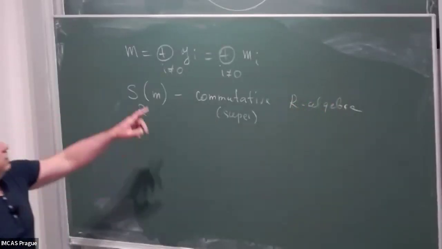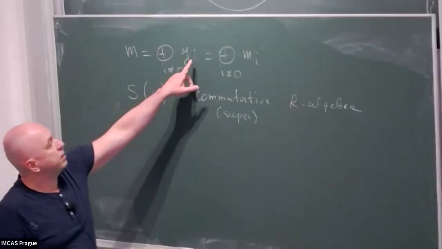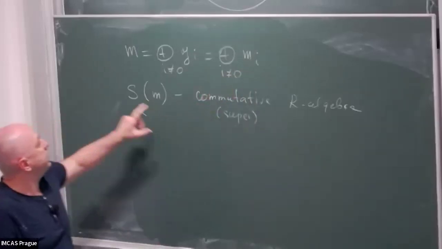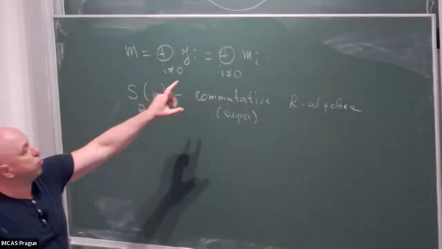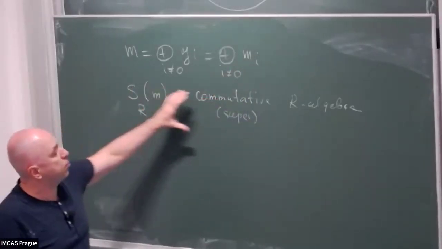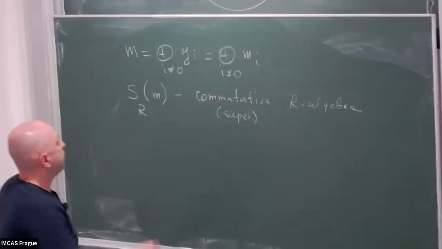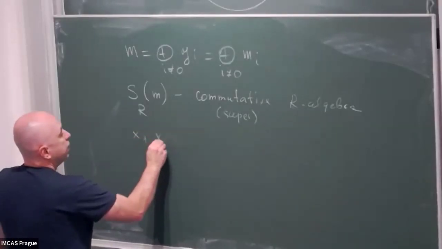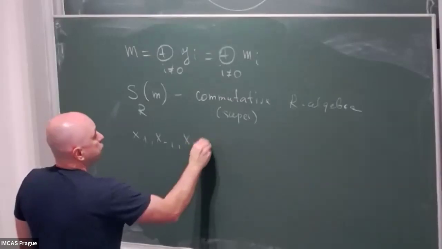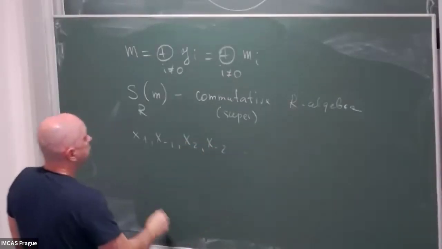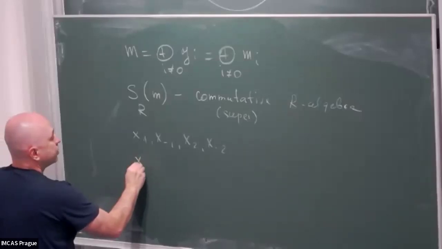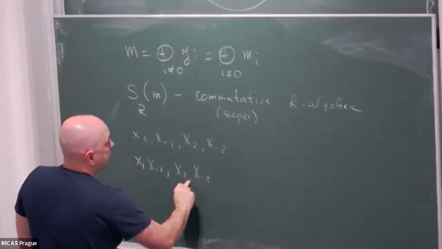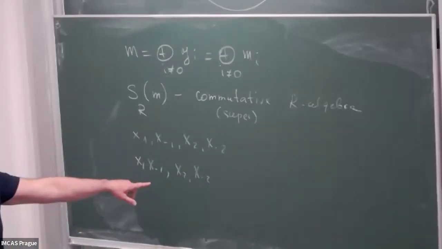And now even if MI is finite dimensional for each I, if you take the symmetric algebra, the graded components will be no more finite dimensional. Because for instance, if you have elements of degree 1, -1, 2, -2, and so on, then x1, x-1, x2, x-2, times x-2, and so on will all have degree 0.